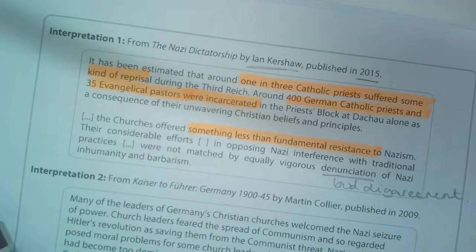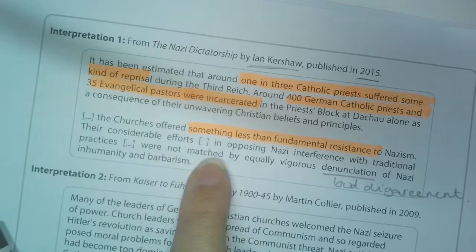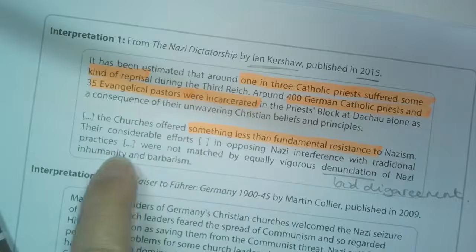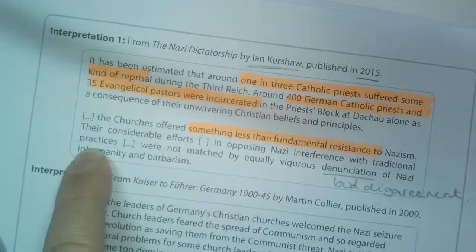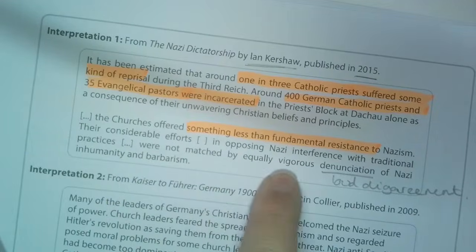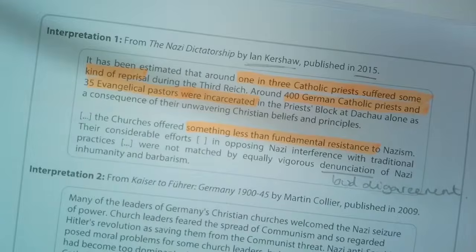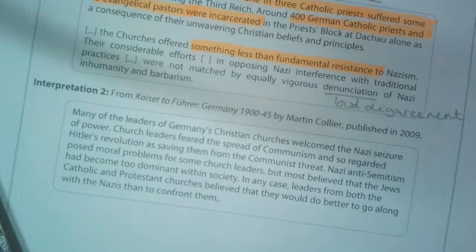However, there was a priest block and there was some resistance, but it was mostly focused on interference in the way that the church carried out its religion, and it wasn't really aimed at calling out Nazi inhumanity or the way that the Nazis were behaving.